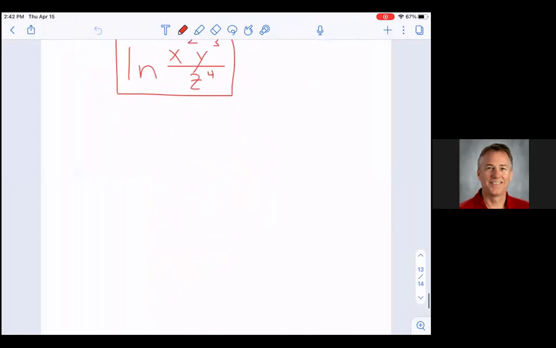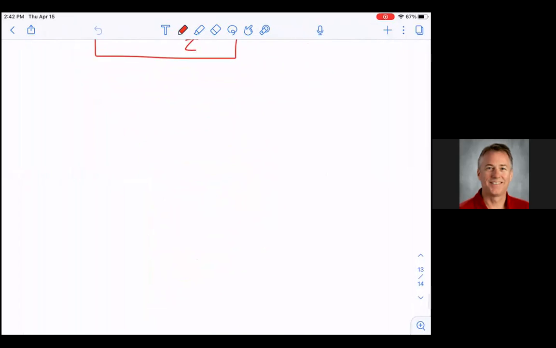All right, so for today, we're going to be solving some exponential equations, okay? All right, and we're going to have to use logs to do that.